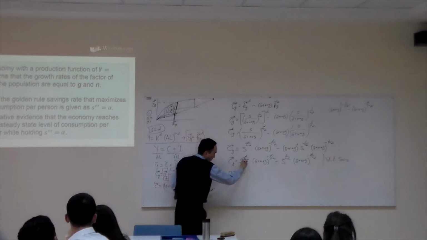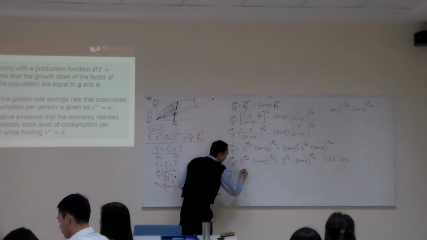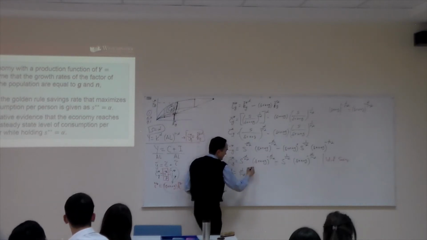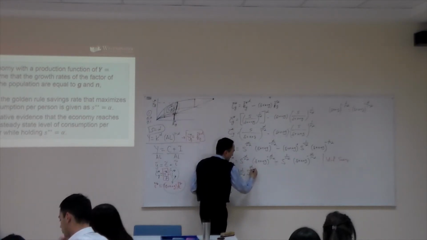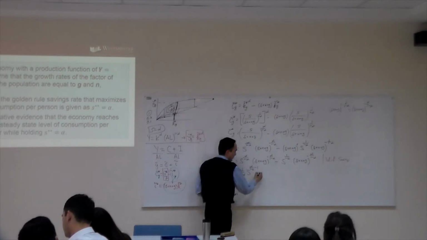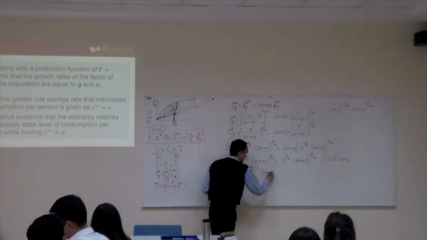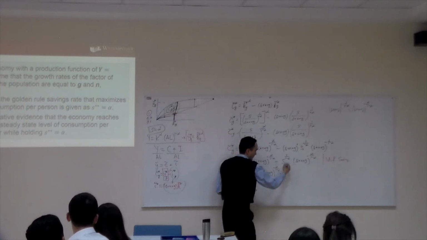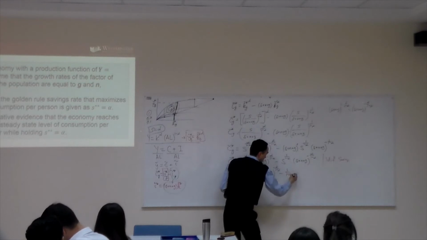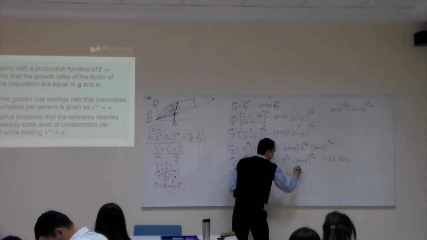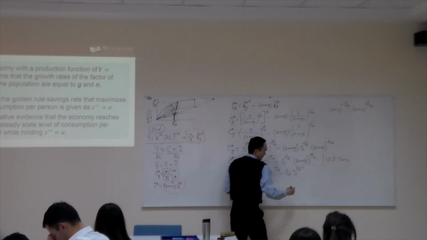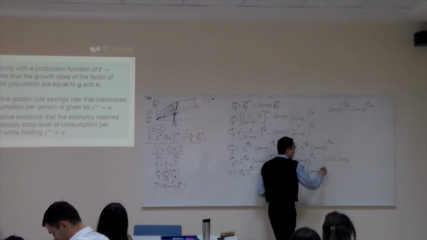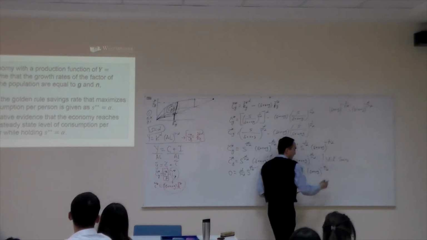Yes? So now alpha over 1 minus alpha times saving rate in the power of alpha over 1 minus alpha minus 1 times delta plus n plus g in the power of minus alpha over 1 minus alpha, minus 1 over 1 minus alpha times saving rate in the power of 1 over 1 minus alpha minus 1 times delta plus n plus g in the power of minus alpha over 1 minus alpha.